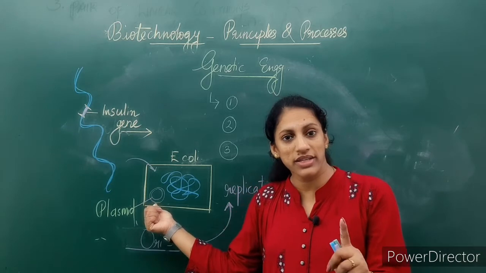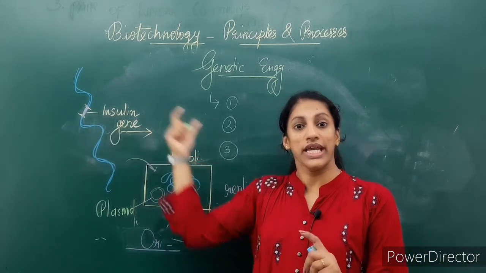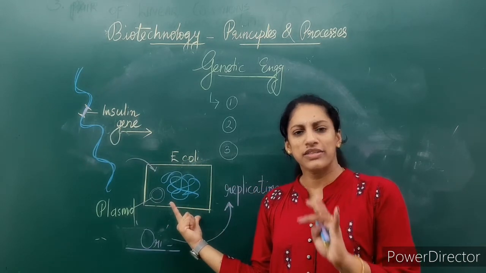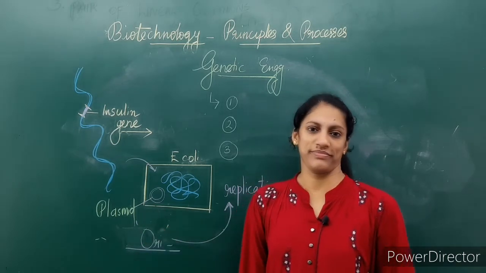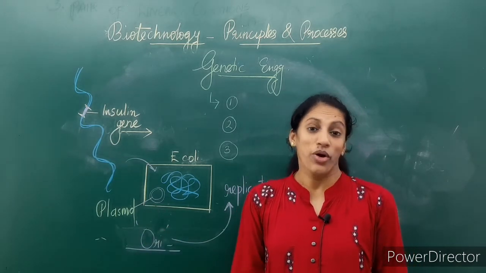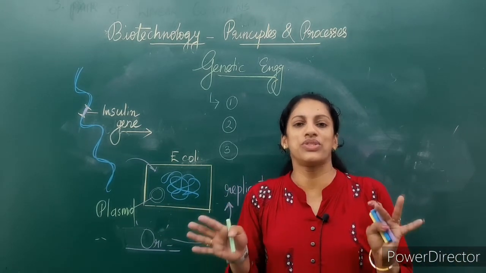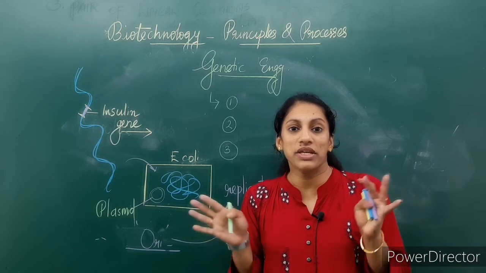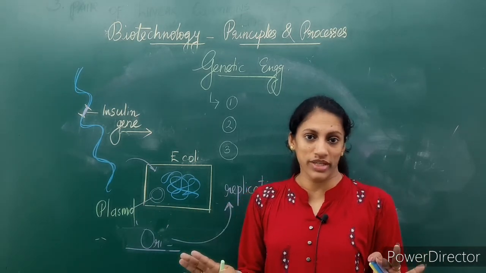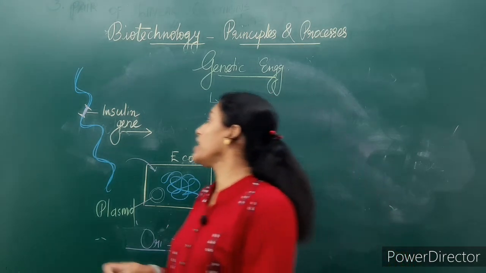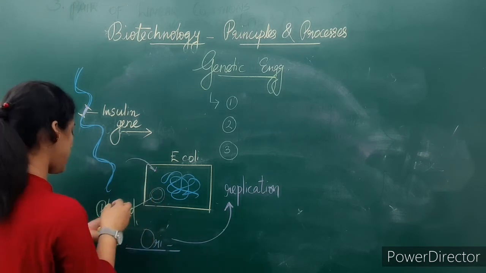So understand, in order to multiply a gene of interest, here the insulin gene, in this bacterium, simply what is enough? Incorporate it with the plasmid. That is enough. For that there is another procedure we are doing, which we will discuss one by one. Anyway, just understand, we do not do this inside the cell; we discuss it later.